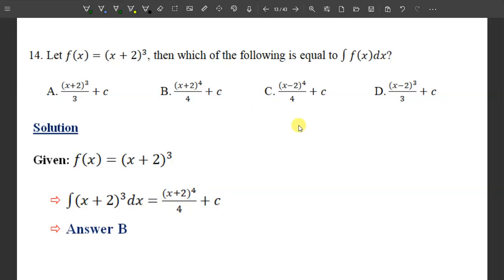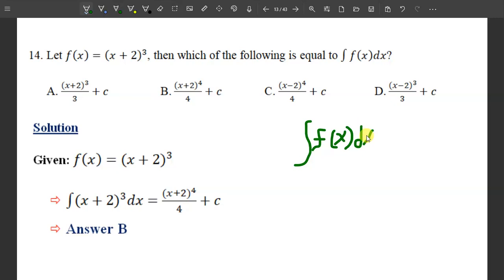Now we know that the integral of a power function can be evaluated as follows. Let f be a continuous function, then the integral of f of x dx, here, this is the integration.